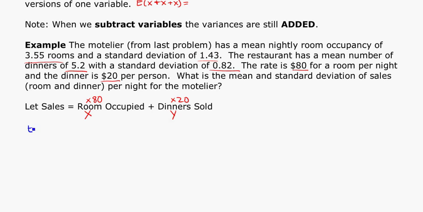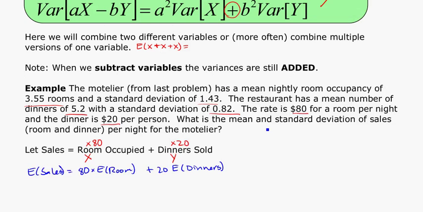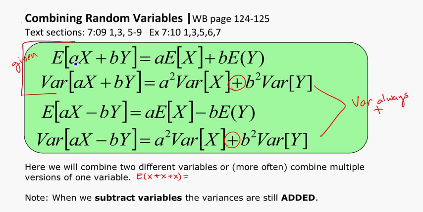So my expected value for sales is going to be equal to $80 times the expected value of the rooms plus $20 times the expected value for the dinners. And that's coming from my formula here, where I just have to multiply each of the expected values by the multiplier it goes with.